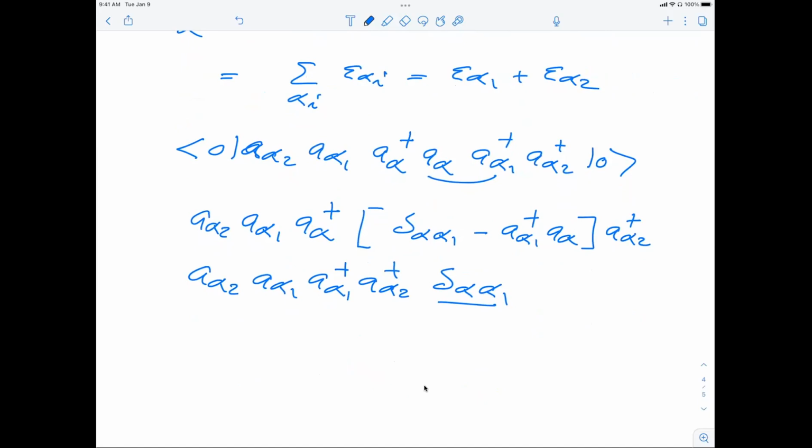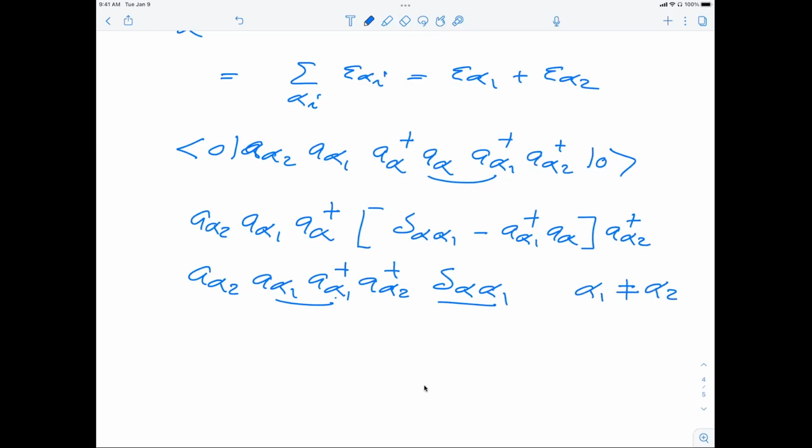So that means that this quantity here now is something which I can simplify further very easily. So what I could do now is simply, since these two here, that will give me 1 minus delta alpha minus the operators, and then I can swap alpha 1 with alpha 2, and they have a Kronecker delta which is equal to 0. So keep in mind now that alpha 1 is not the same as alpha 2, right?